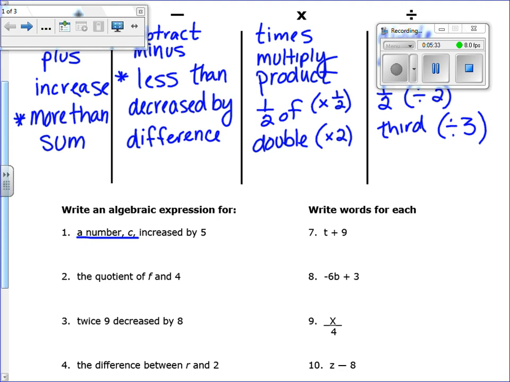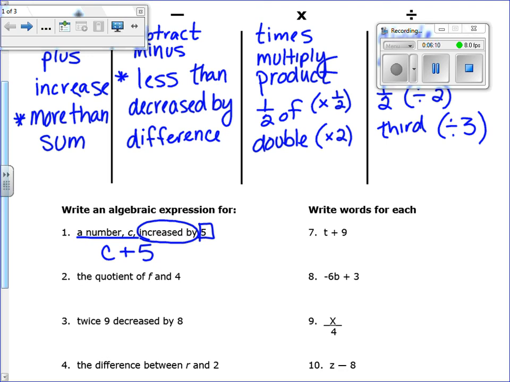I'm going to circle my operation and put a square around my final term. So I underlined my variable, I circled my operation, and I put a square around my final term. So it says C increased by, if I look up here, I see increase under plus, so plus 5. And that's how we want to write it.